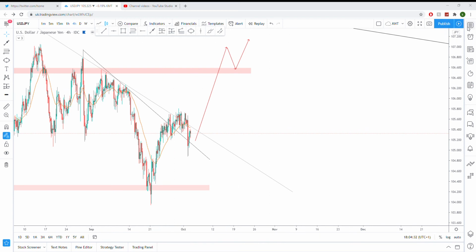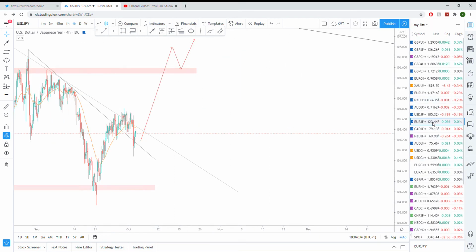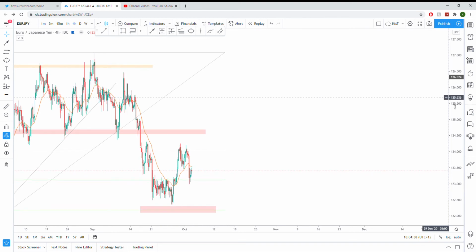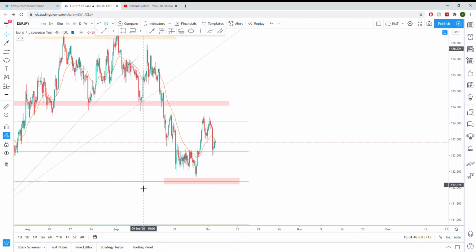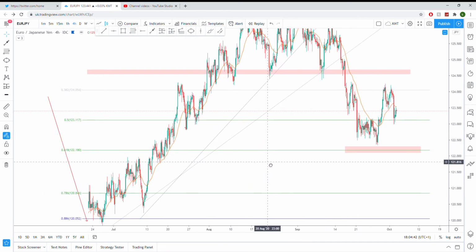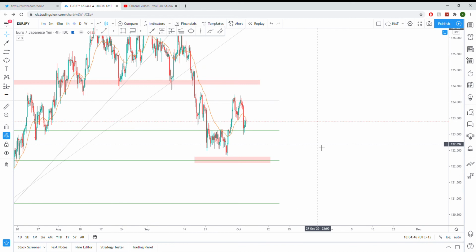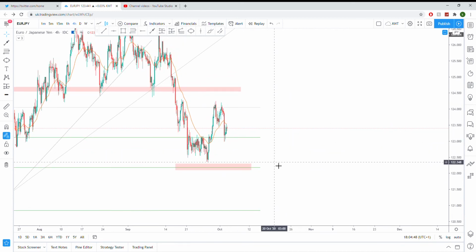So moving on to our next pair, EURJPY. I'm looking at this in a downside move. I want to see the next Fibonacci level being respected, so the 0.618 fib, which is this box here, just above 122 flat.